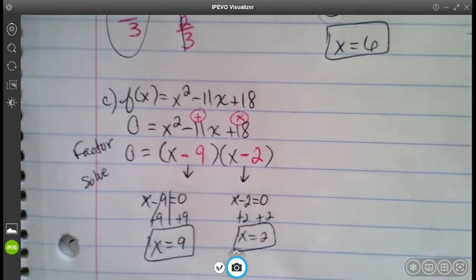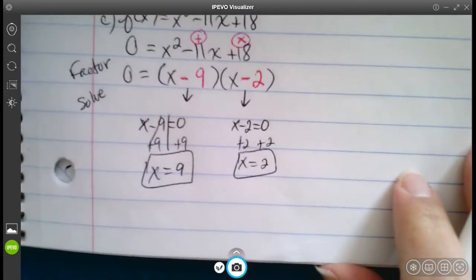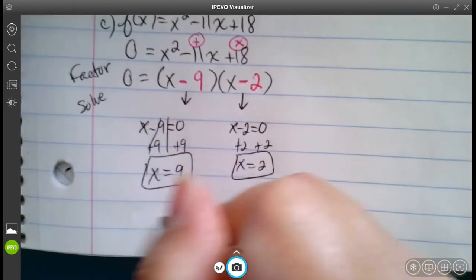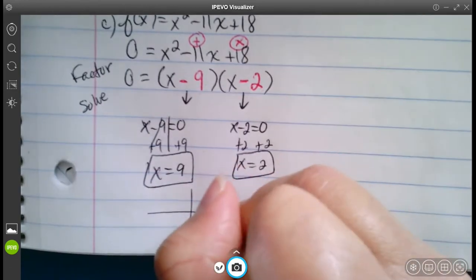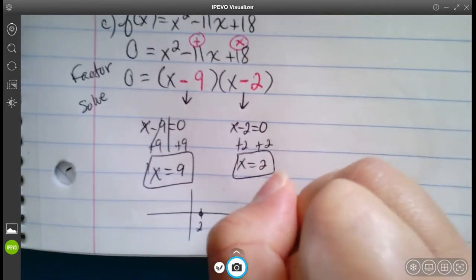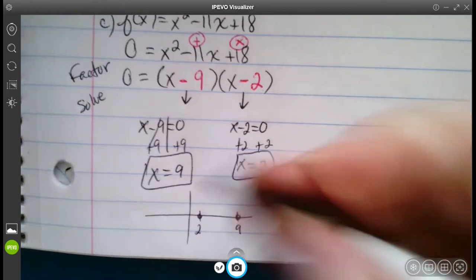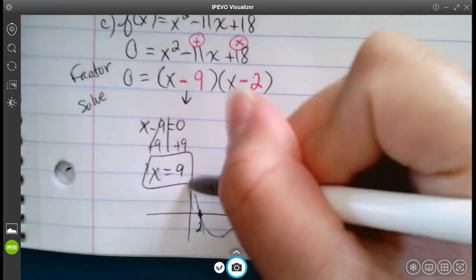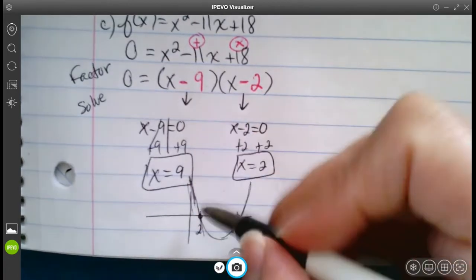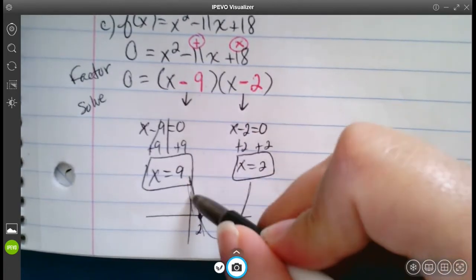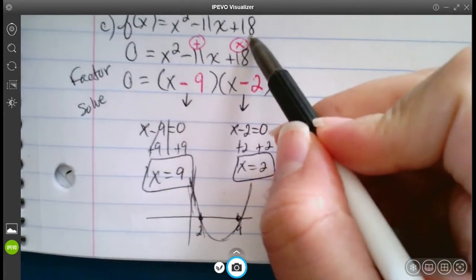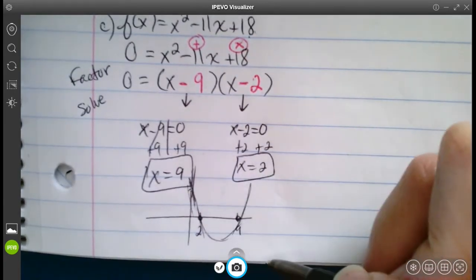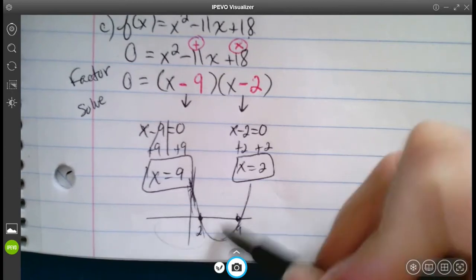And that means that this graph, I'm going to scroll down a little bit more, is going to pass 2 times through the x-axis, okay, at 2 and at 9, something like that maybe. And I don't know, it might look something like this. And notice that this is going to be like way up here somewhere, which makes sense because 18 up here is our y-intercept. Okay. Again, the graph I'm just doing kind of extra.